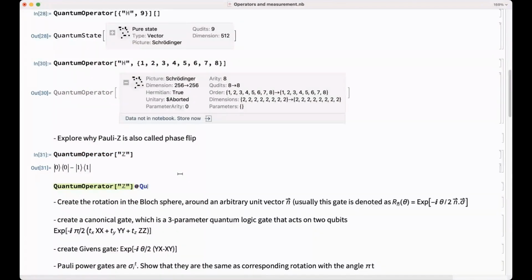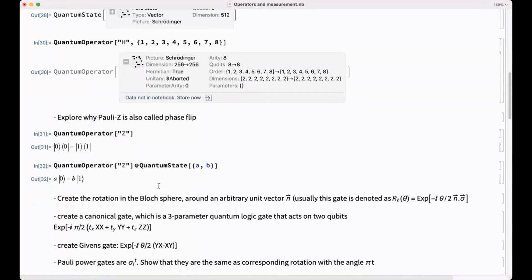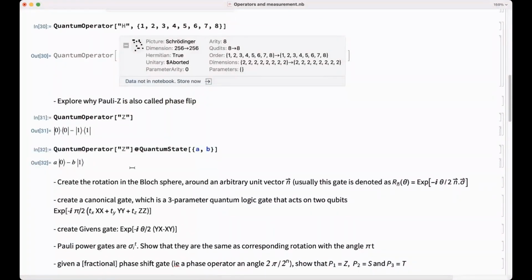For example, applied on state A and B, look at the formula, it becomes negative B. That's exactly the same way that, when it comes to phase flip error that can be caused by an environment, it's like randomly applying Pauli Z on one of your qubits. You're just flipping the phase of that qubit.